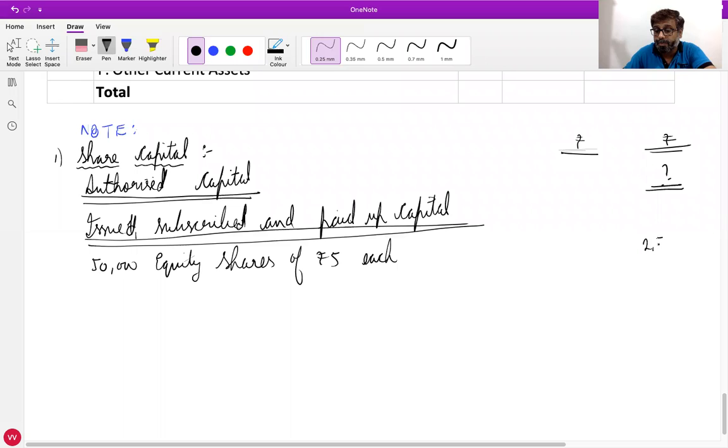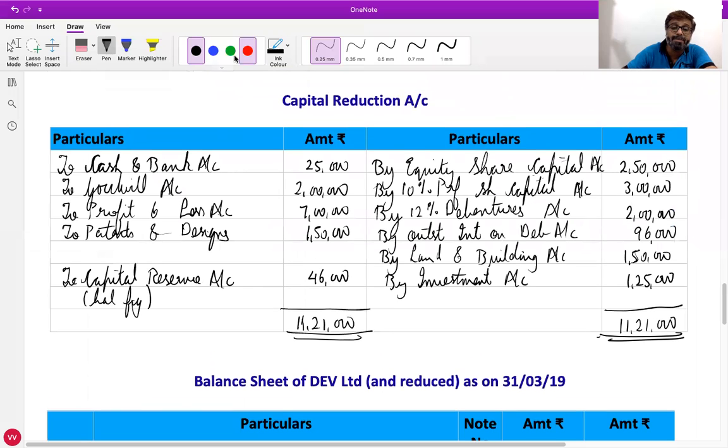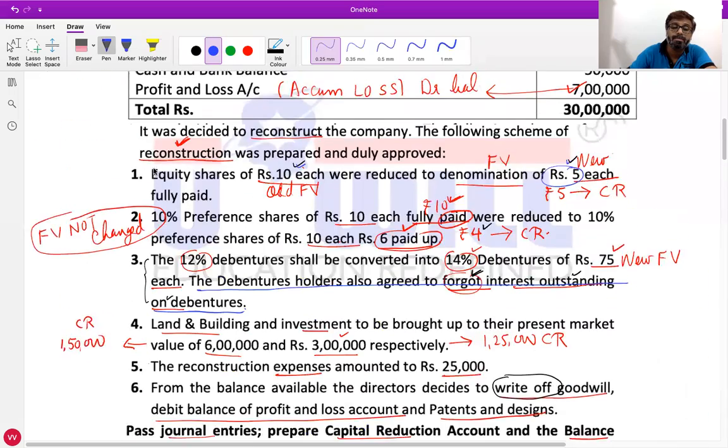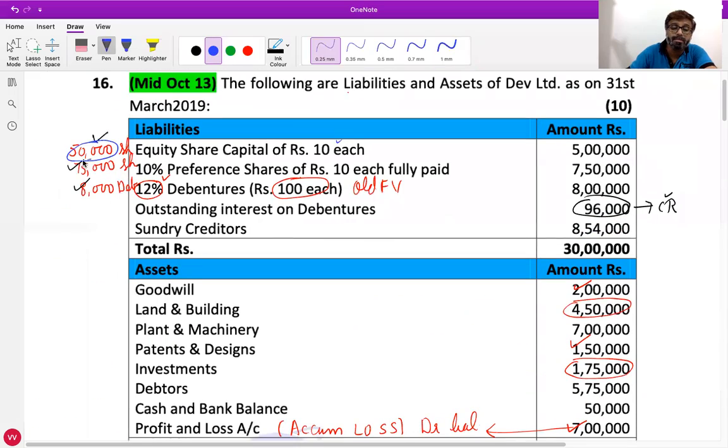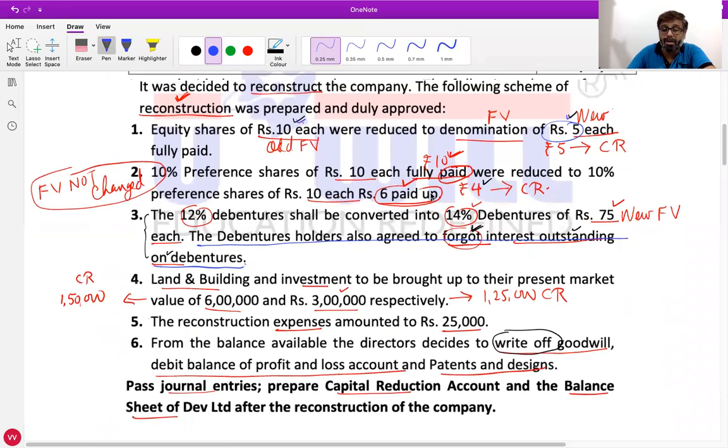Yes. Now, how many preference shares are there? 75,000. Now, the face value is not changed, but from 10 paid up, they have become 6 paid up. Is there any other adjustment from 3 to 6 affecting preference shares?